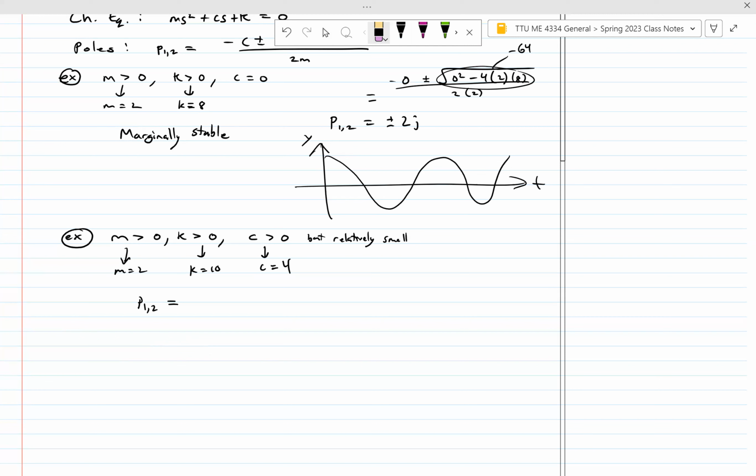Or 2i. If you guys were to guess what the response would look like for this system, what do you think? What is that called for a second order system? Critically damped? Overdamped?